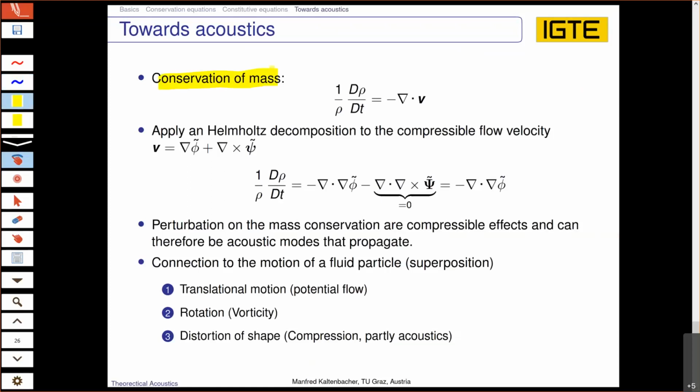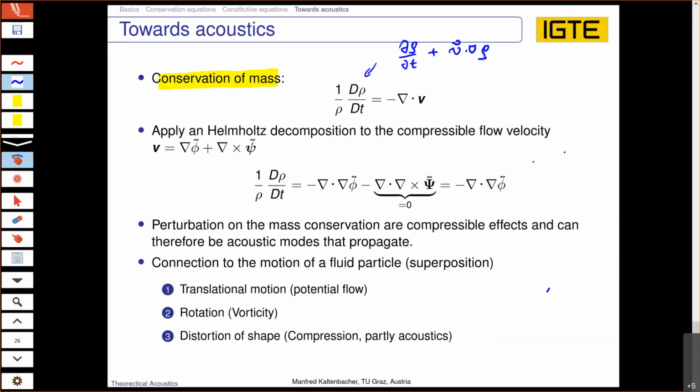So as you know, this total derivative I could also write as the partial derivative with respect to time plus v dot nabla density. And since we have divided by the density, we get exactly here this form.